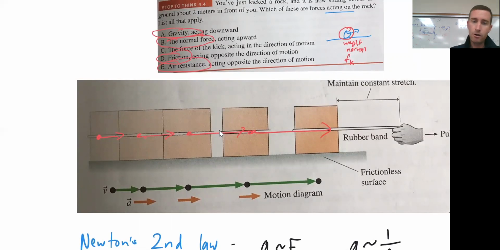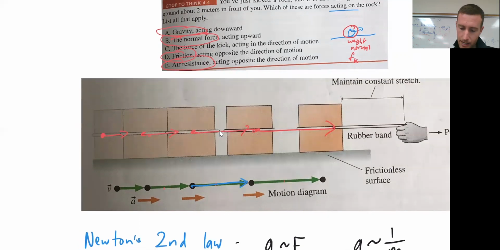So I started by drawing out these green arrows, which are my velocity arrows. So velocity, velocity, velocity, velocity, and you can see the velocity is getting greater. Then if I take a difference between these green arrows, so for example, if I take this one and I just kind of compare its length like that and put it up there, right? That was the previous velocity arrow, same length.